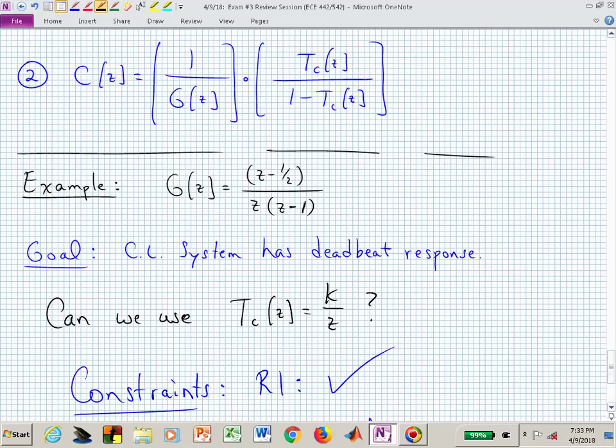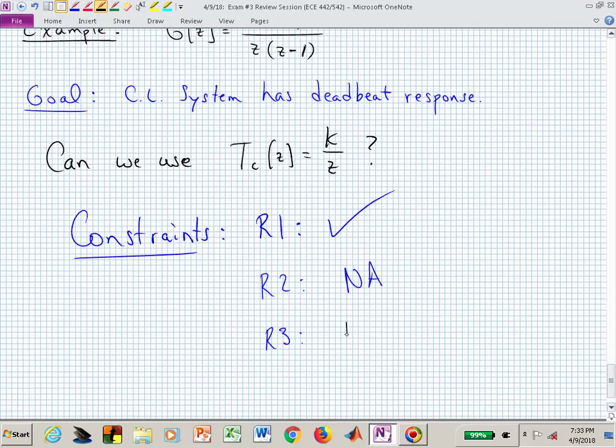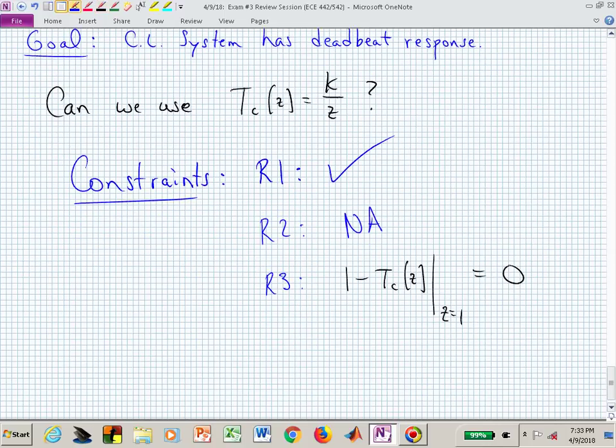And we have one such unstable pole, so now we need 1 minus t sub c of z, where? There's where our unstable pole was. It was right on the unit circle at z equal to 1. We need that to vanish. So let's just step through these and then we'll figure out restriction 3.